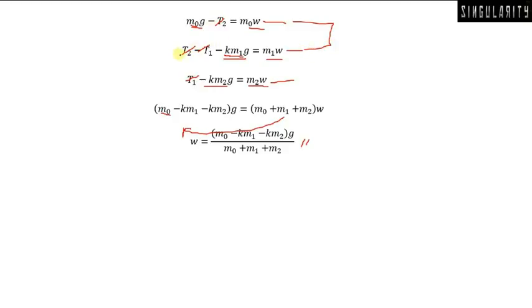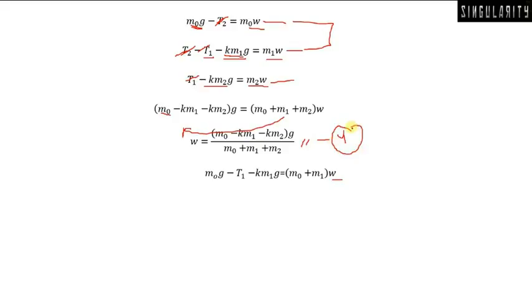Now if we take only these two equations and add them, T2 here and T2 here will cancel each other, but T1 will remain, and the resultant equation will be M0 g minus T1 minus k M1 g equals M0 plus M1 times W. The value of W we have already found in equation 4.